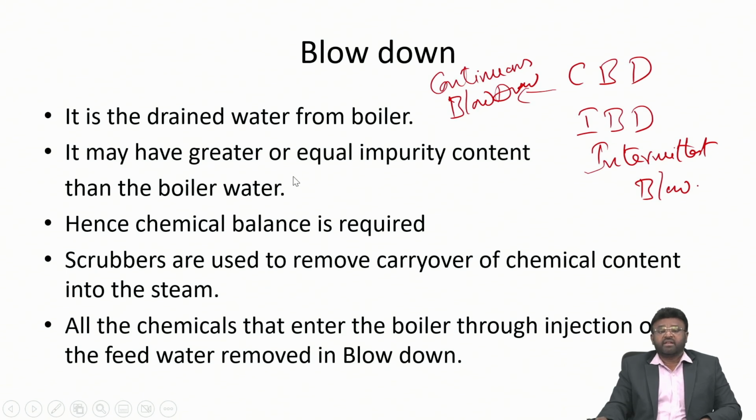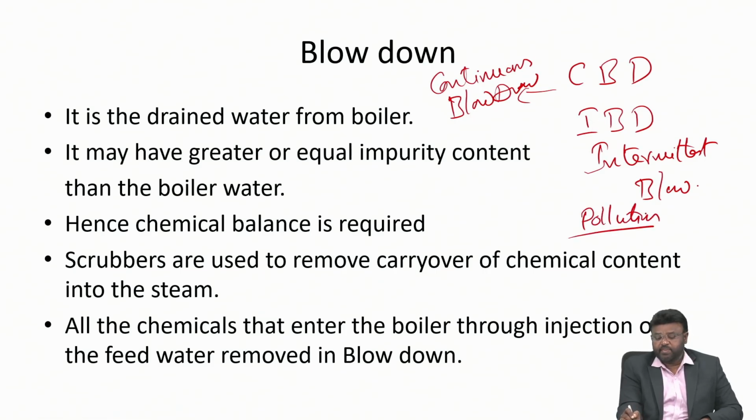We need to drain the water from the boilers, as it may have greater or equal impurity content than the boiler water. So it has to be drained. Normally this comes under pollution treatment. We need pollution treatment because the CBD or IBD water is more polluted.